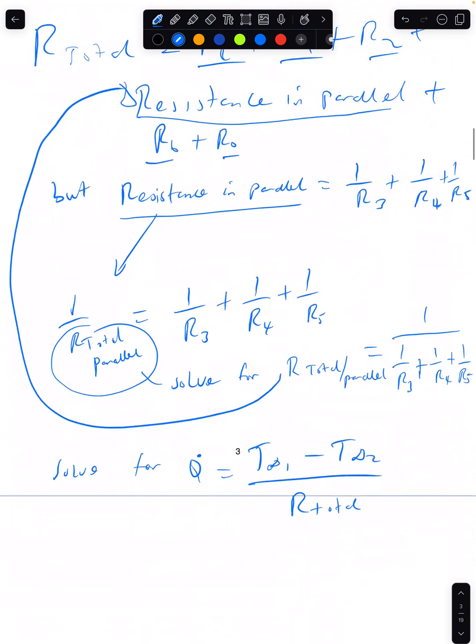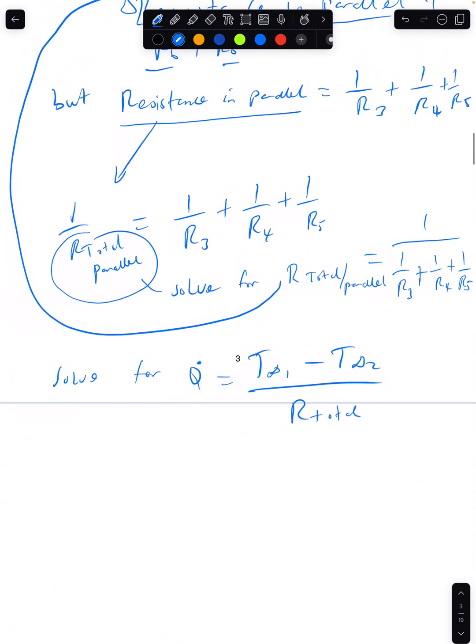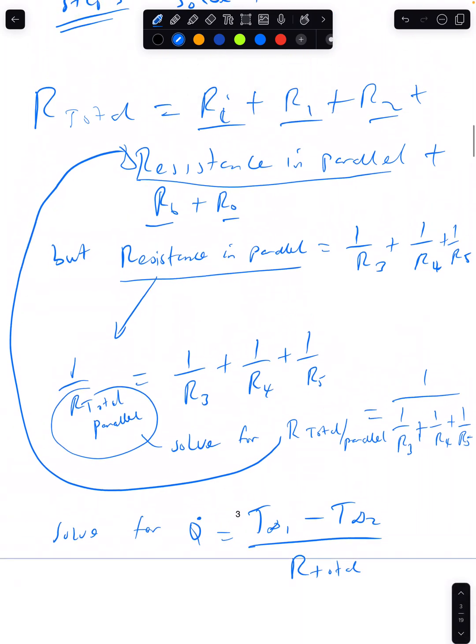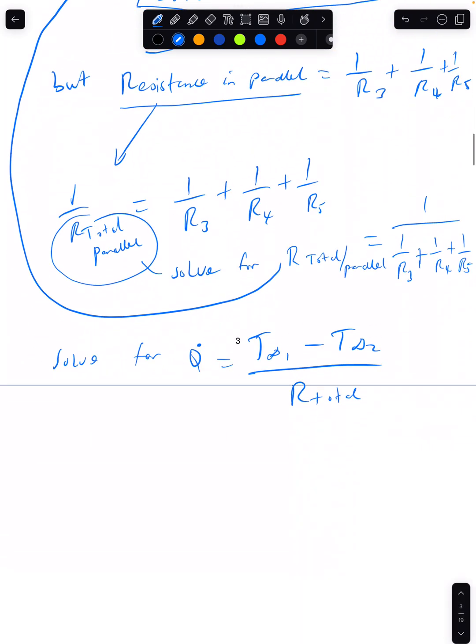Now let me give you a hint on that. Read the question carefully. Let us look at RO1. So now we are solving for individual resistance.